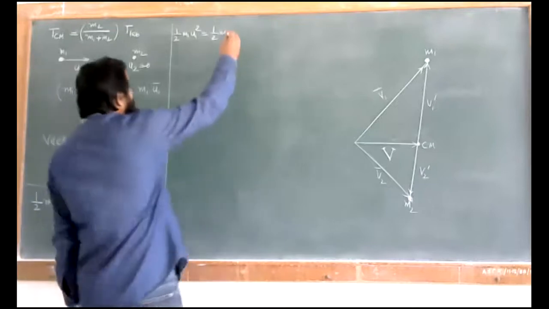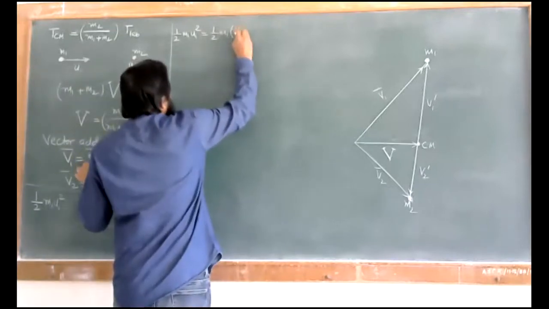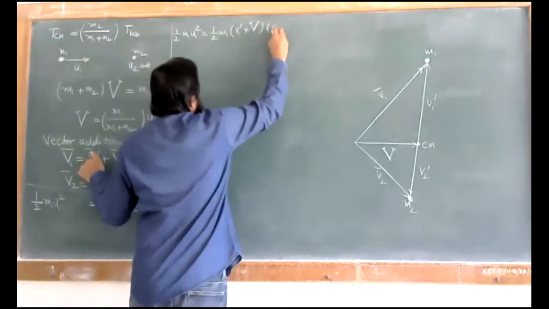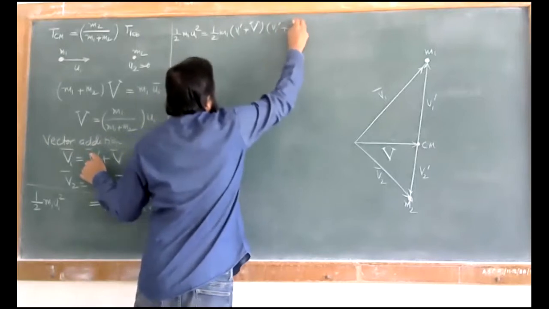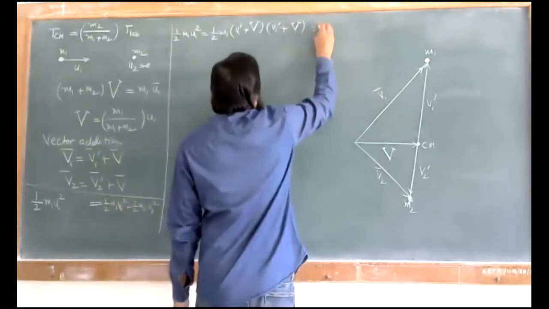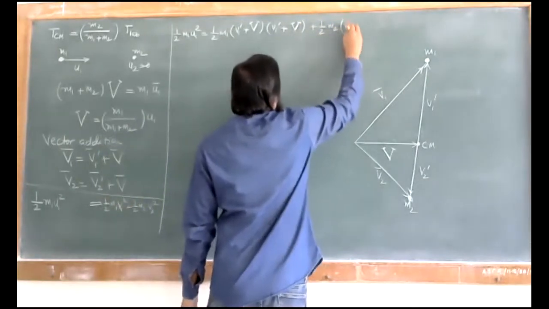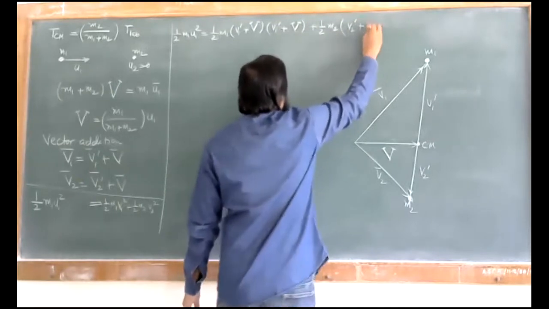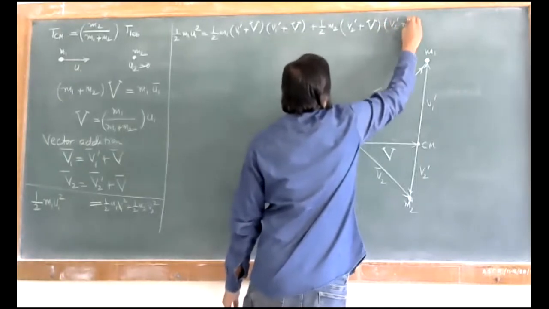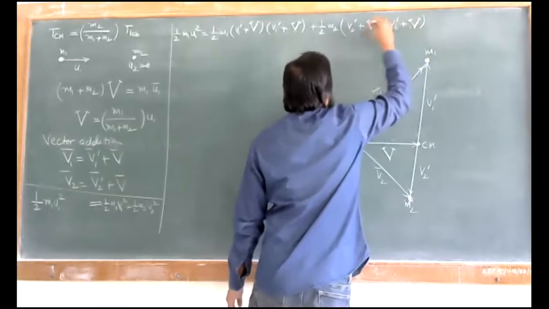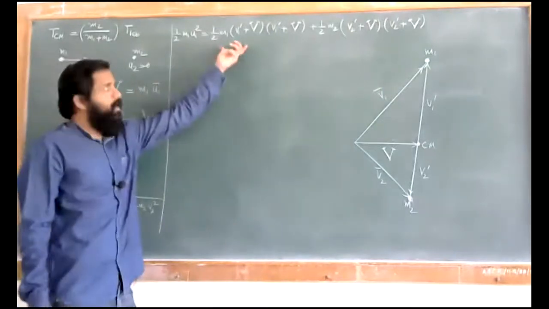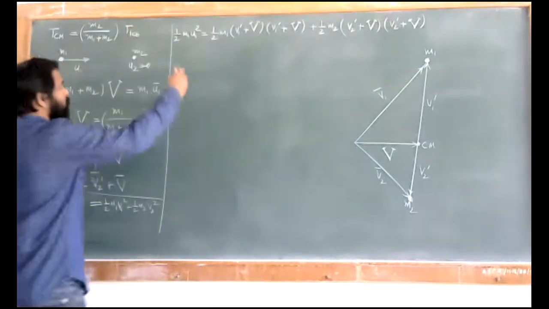So I'll write it as v1 dash plus capital V into v1 dash plus capital V. Plus 1 half m2 into v2 dash plus V into v2 dash plus V. Okay, so you can have these conditions.